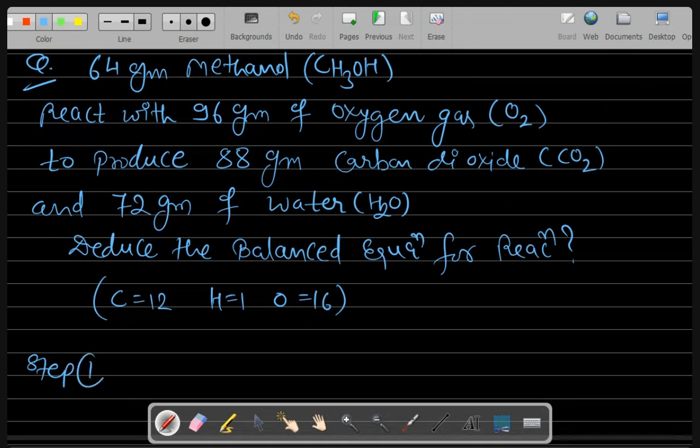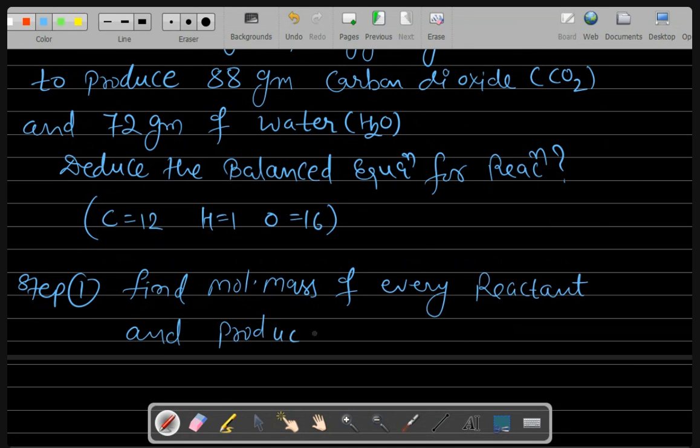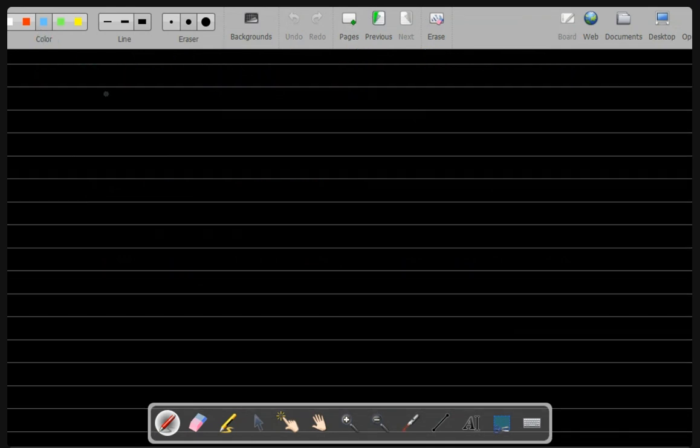So for oxygen, which is 16 times 2, that is 32. 96 divided by 32, the moles are going to be 3. Every reactant and product, that would be our step one. So what are the reactants here? First is methanol.